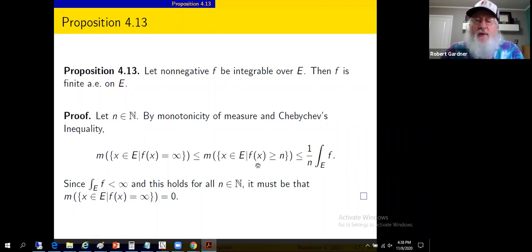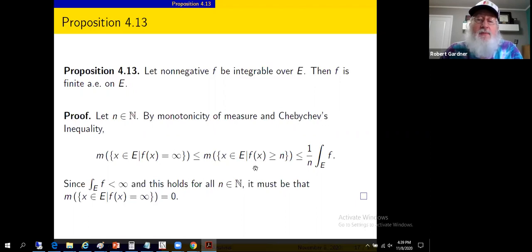Sure, if f of x equals infinity, and I interpret infinity as being greater than or equal to n for all n. It's a little oddball to deal with inequalities with the infinity symbol, but we're doing it with the extended real numbers. So any points in this set are in these sets for all n.